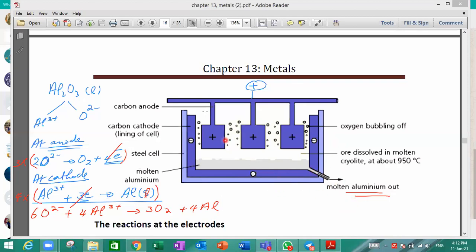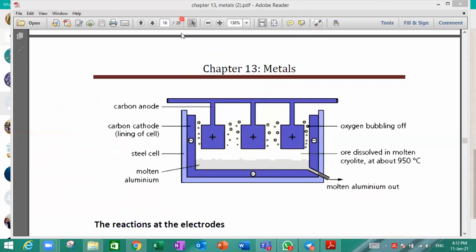I understand. Okay. Now, if we look here, we have also cryolite, and cryolite is sodium aluminium fluoride. Okay, so we have fluoride ions as well. So as a second product in this reaction, the fluoride ion is also attracted towards the anode, where it will form fluorine gas.